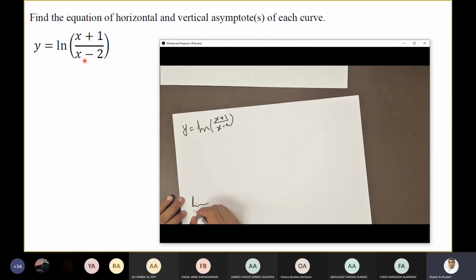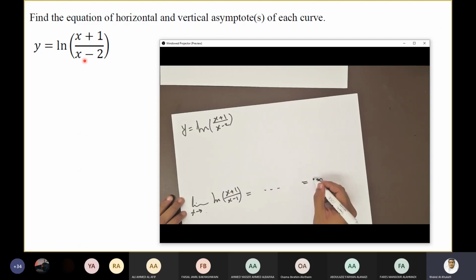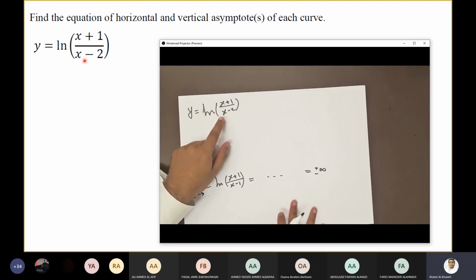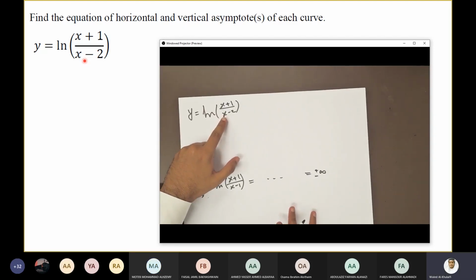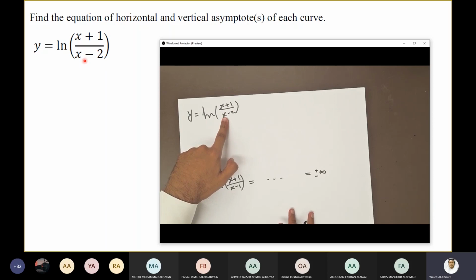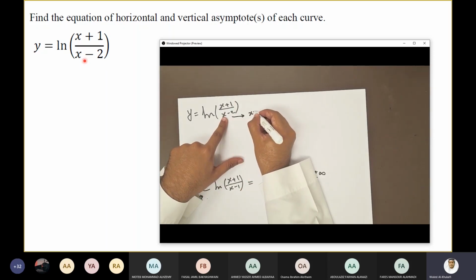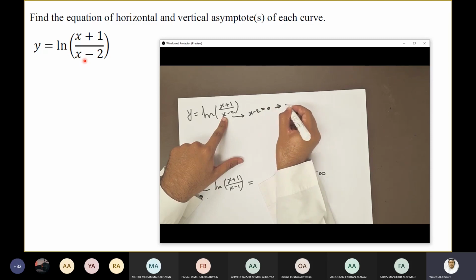I want the limit when x approaches whatever number I pick of ln of (x plus 1) over (x minus 2) to be plus or minus infinity at the end. When I look at the denominator of this fraction, I see x minus 2. So one suspect is when x minus 2 equals 0, which means x equals 2.